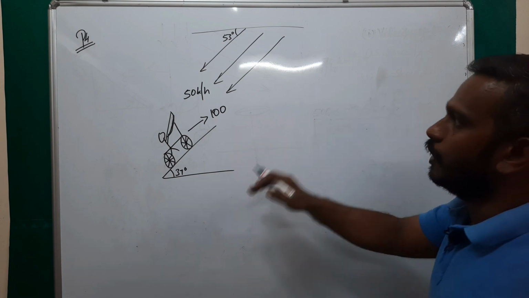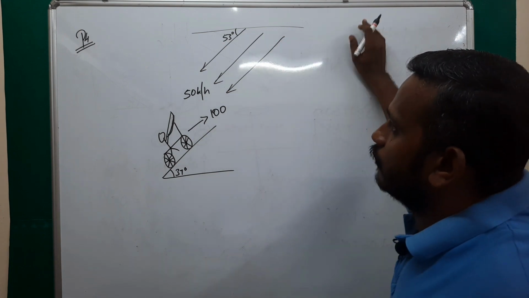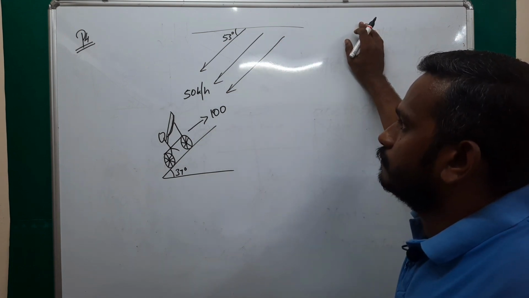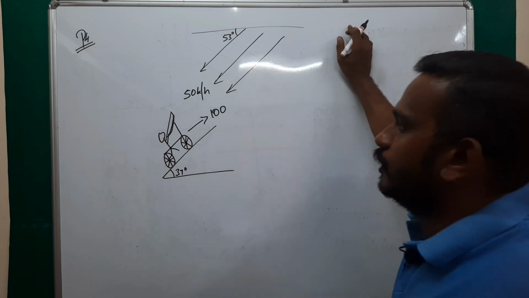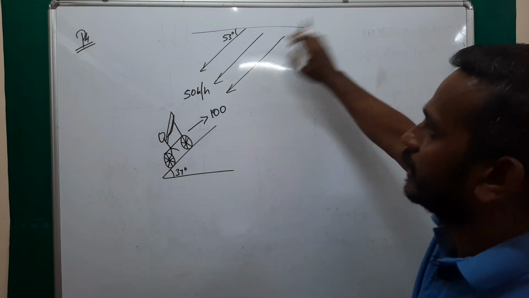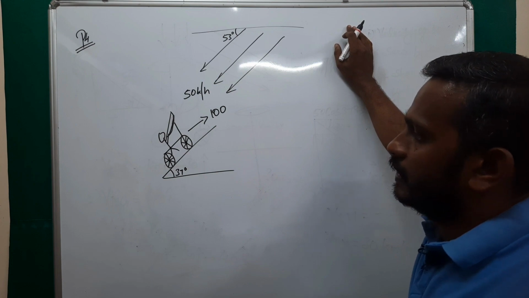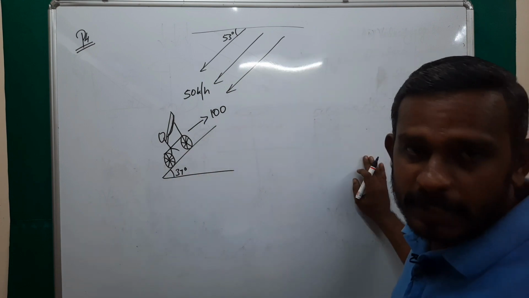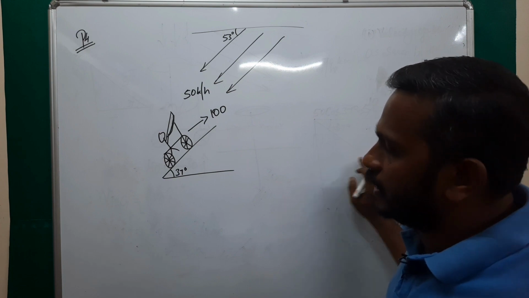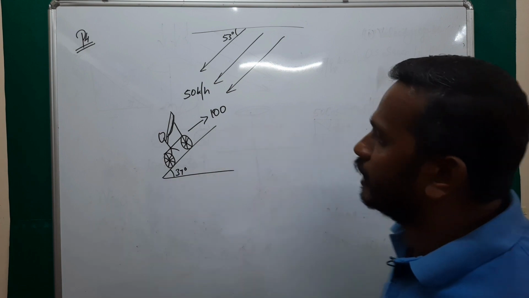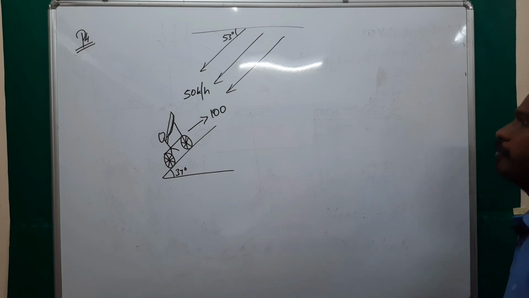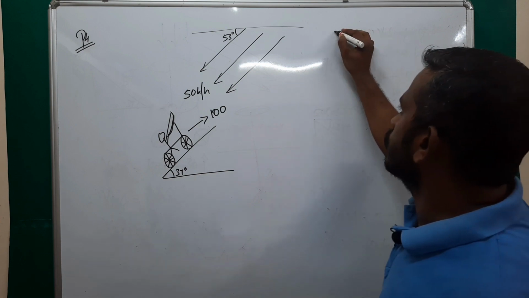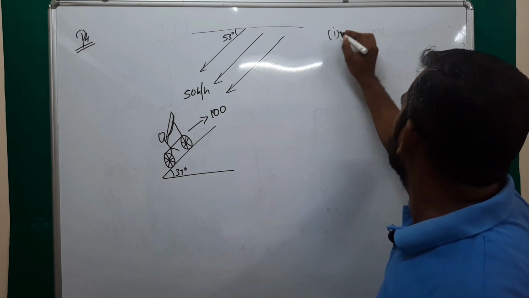Rain is falling downwards with a speed of 50 km per hour at an angle of 53 degrees. So the man is moving on an inclined plane of inclination 37 degrees with a speed of 100 km per hour. So here also we have to find the velocity of the rain.